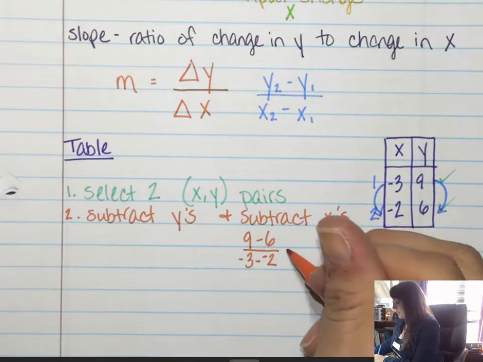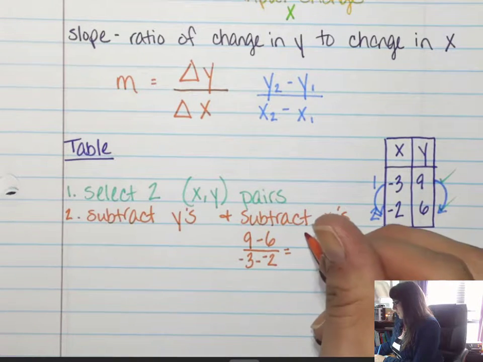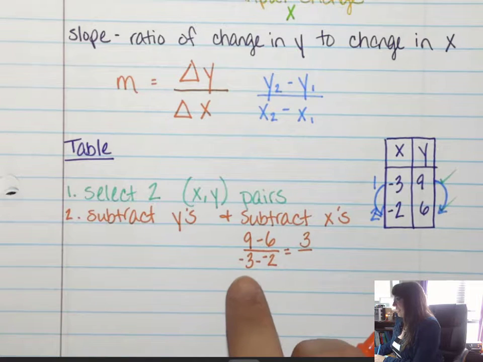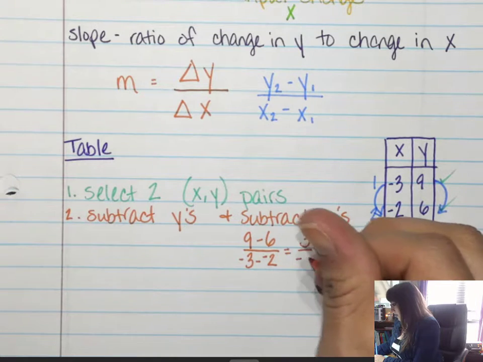So 9 minus 6 is 3. Thank you. Not a trick. -3 minus -2 is -1.